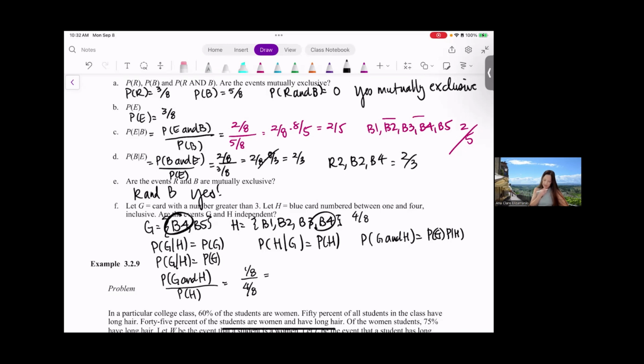And then the probability of G is 2 out of 8, because remember our sample space had 8 options. G had B4 and B5, that's 2 out of the 8. H had 4 out of the 8. And then G and H, there was only 1 out of all of those. So if I simplify, 1 out of 4 equals 1 out of 4, yes, they are independent.